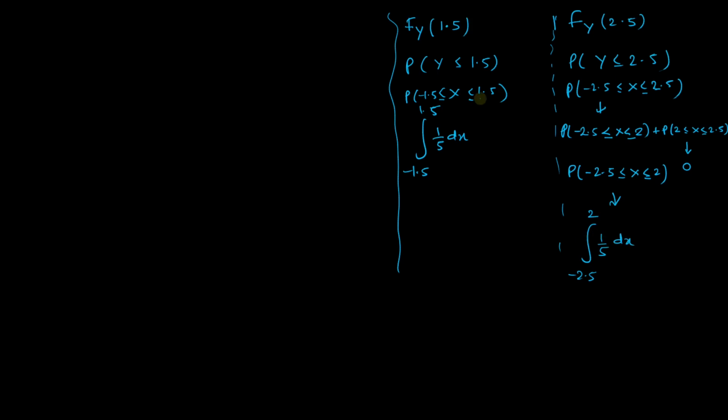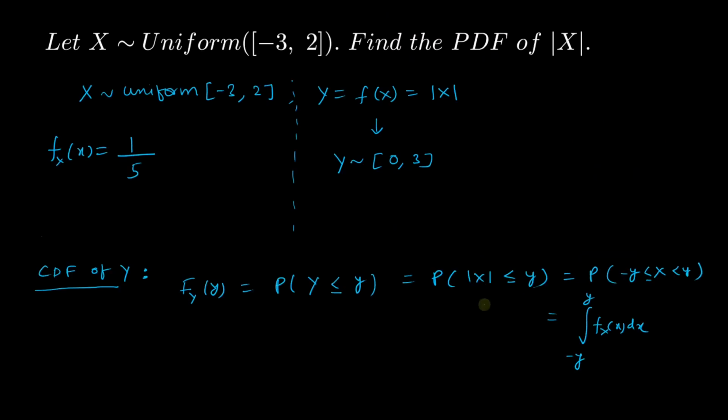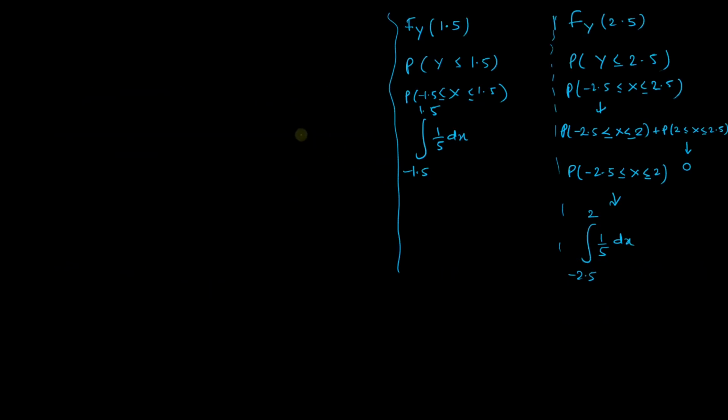So this will be the case for the CDF at points with values greater than 2. But we can directly achieve the CDF of y at points below 2. So let's try to calculate the same CDF in the general case. So here we had written this formula for the CDF. Now we can break it into two parts. So let's consider case 1, when y falls in the range 0 to 2.